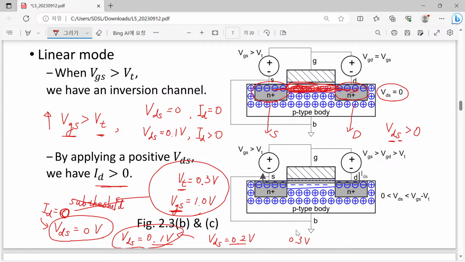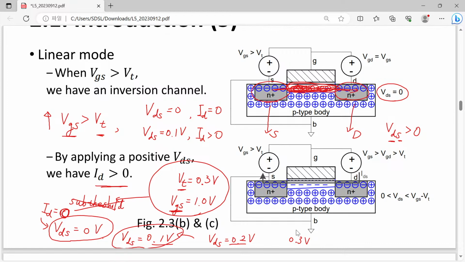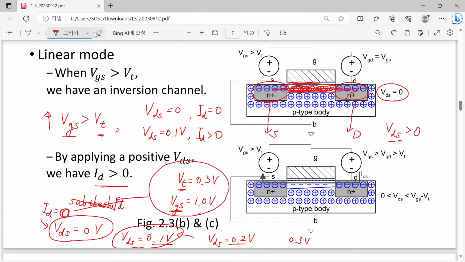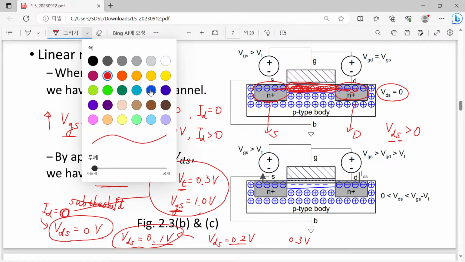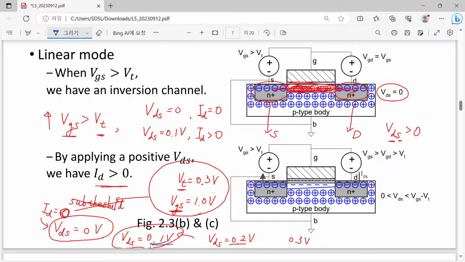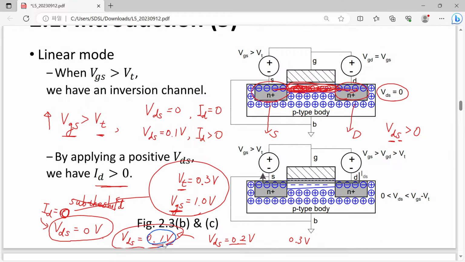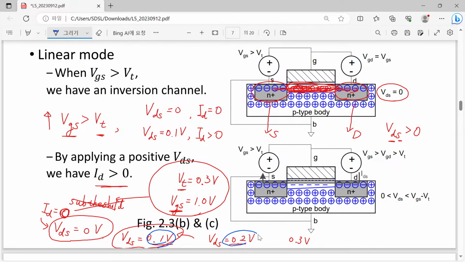What you can expect is, since we have a conductive channel and we are increasing the voltage difference across the two terminals, that is quite easy to understand compared with the 0.1 volt case. The 0.2 volt case will conduct more current, and it keeps increasing and increasing.